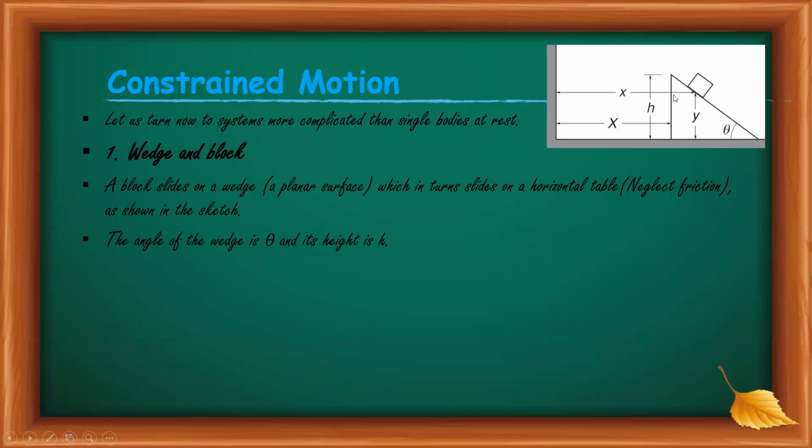The angle of the wedge is theta, and the maximum height of the wedge is h, and the height of the mass is taken as y. Here our aim is to relate the accelerations of the block and the wedge.